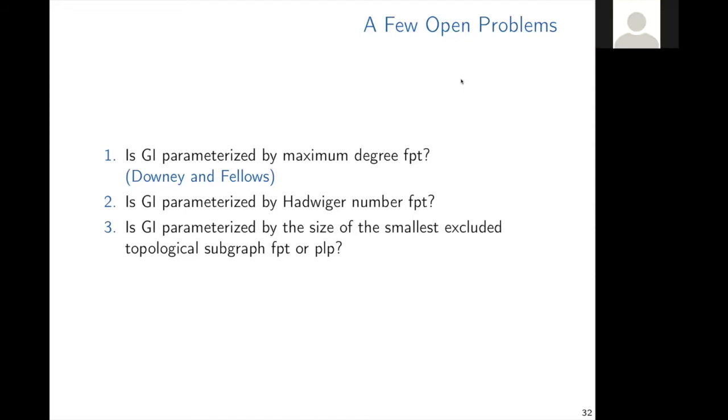I see, thanks. Maybe I can add something here. I think it might really be non-trivial. I also don't know how this goes. For Babai's algorithm, it took some effort to generalize this from GI to canonization. I know there are some problems there that he had to solve, but I'm not completely familiar with these things.